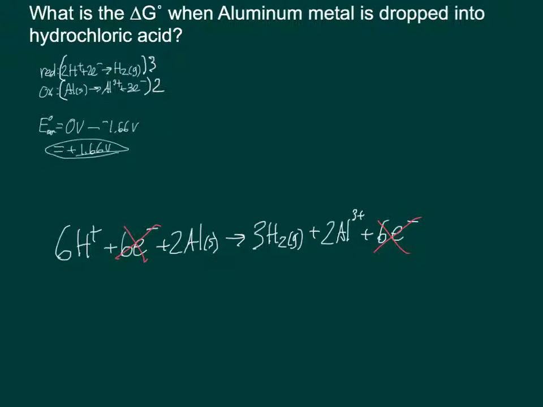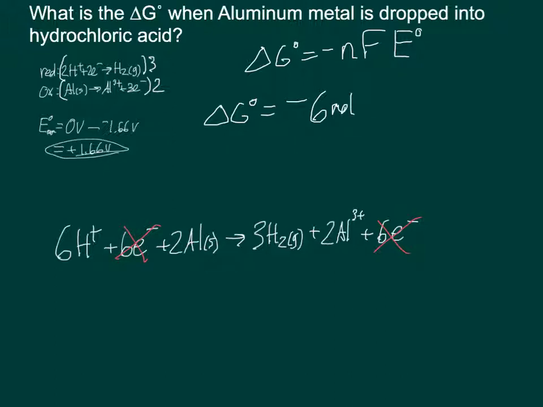Well, now since we know that delta G naught equals negative n F E naught of the reaction, we can go ahead and start plugging this in. Our delta G naught will equal negative n, where n is the number of moles of electrons that we've canceled in this reaction, so that's 6 moles.